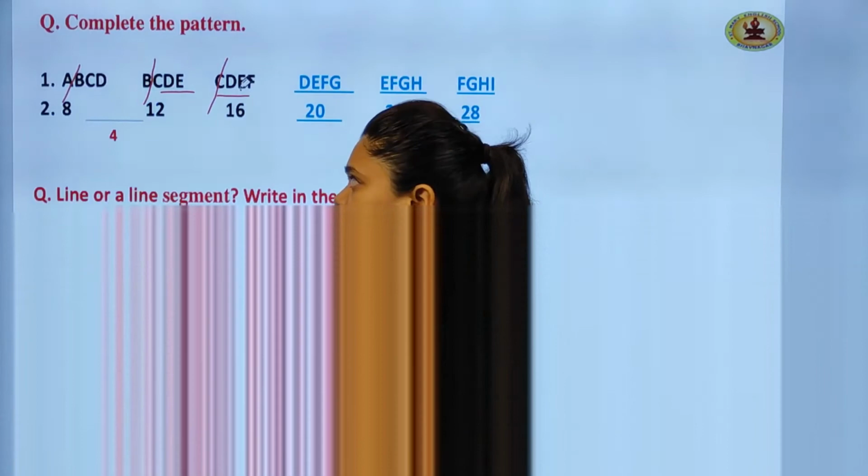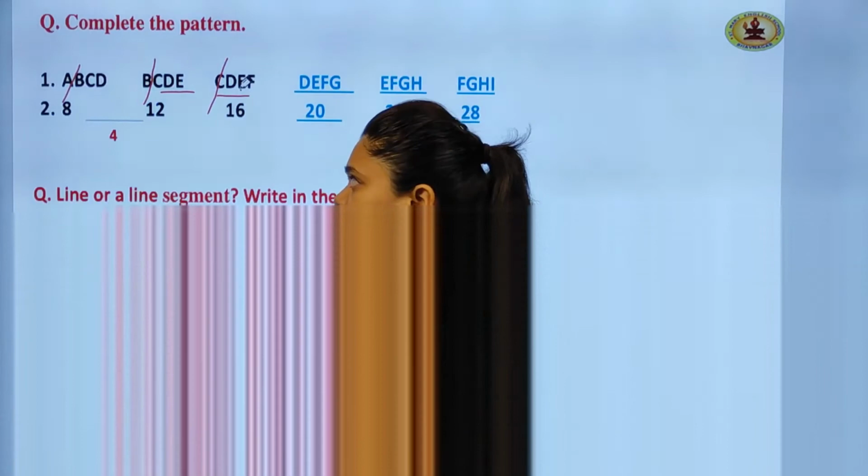Here we will take the addition. That means 8 plus 4 gives you 12, 12 plus 4 gives you 16, 16 plus 4 gives you 20, 20 plus 4 is 24, and 24 plus 4 gives you 28.